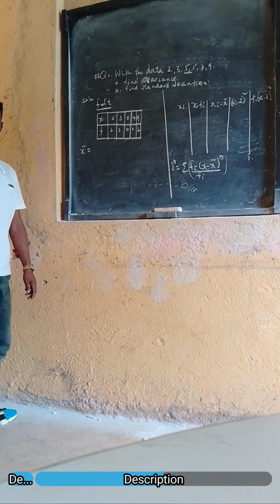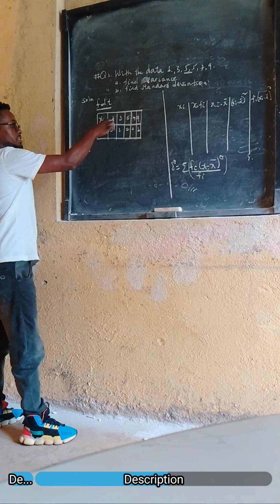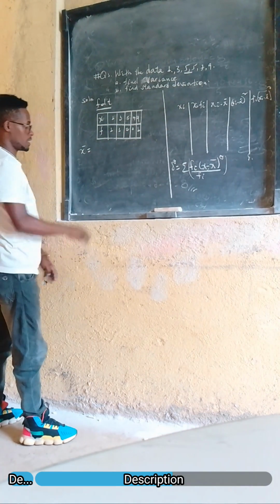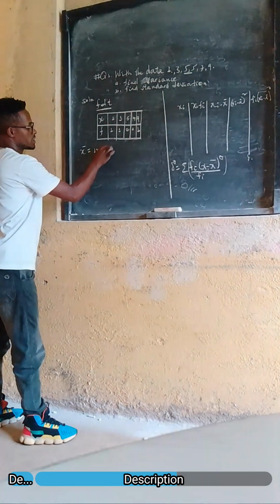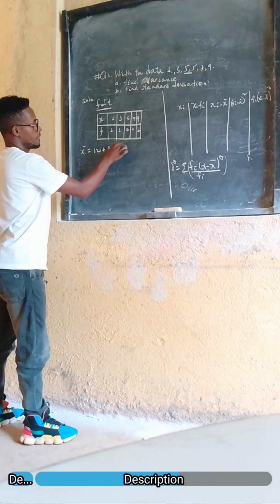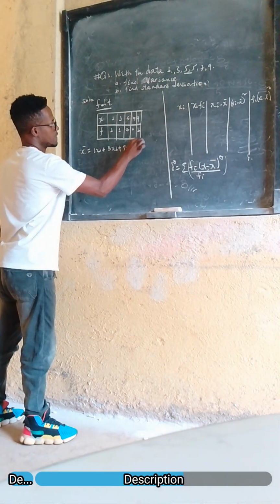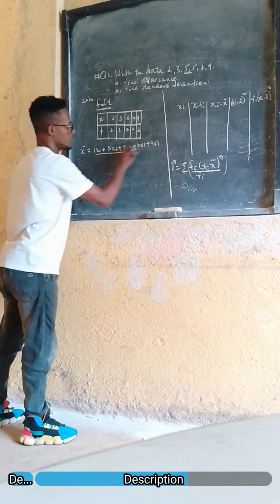So first of all, what's x bar? For a frequency distribution table, x bar means the sum of the product of each corresponding data over the total frequency: 1 times 1 plus 3 times 1 plus 5 times 2 plus 7 times 1 plus 9 times 1 over what?